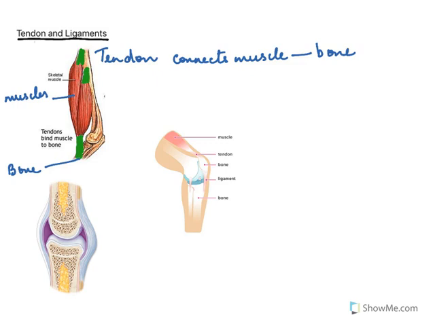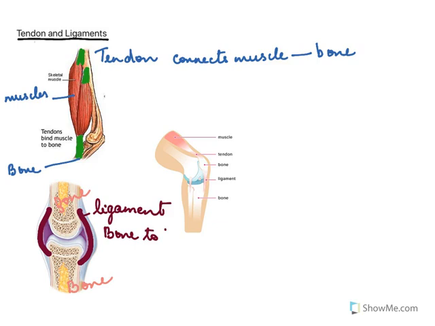So here we have a bone, and there is another bone here, and they are connected by this ligament. So here is the ligament, and it connects bone to bone.